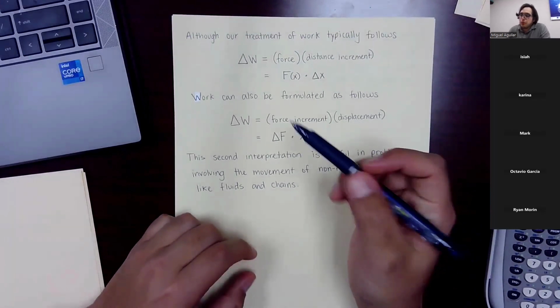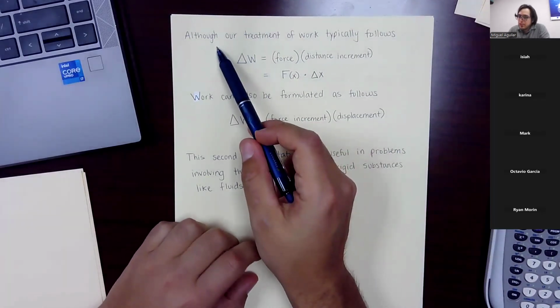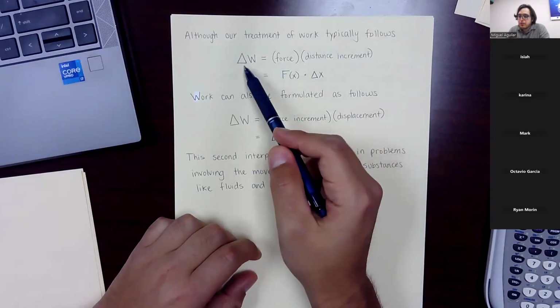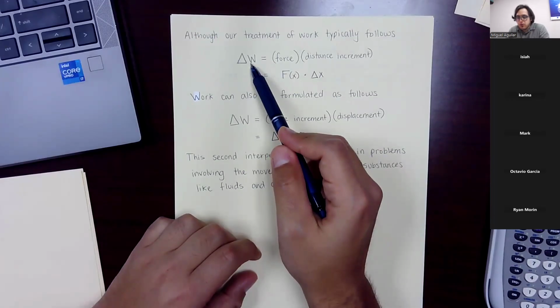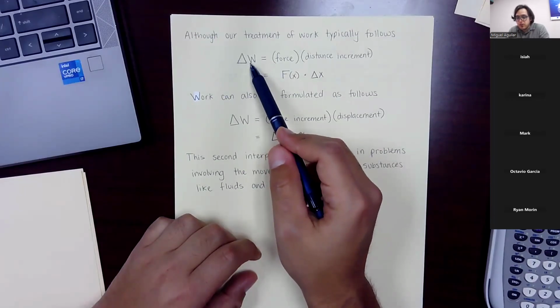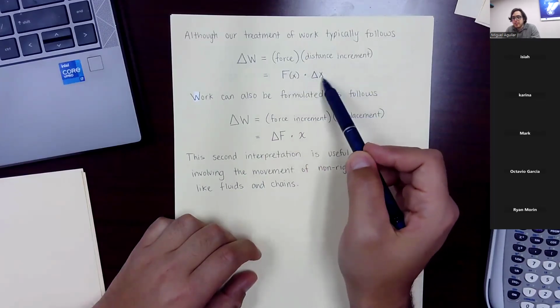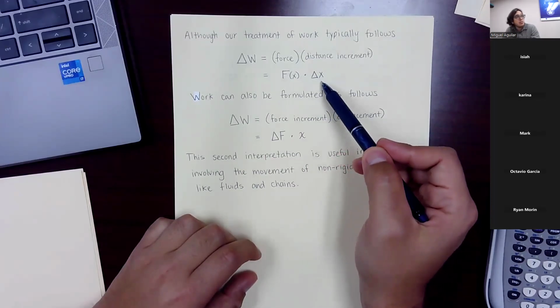So up to this point, our treatment of work typically follows this formulation where we have delta W, the change in the work, or you can think of this as incremental work, is some force function times the distance increment, right? And you can think of delta X as being analogous to the dx in our integral.